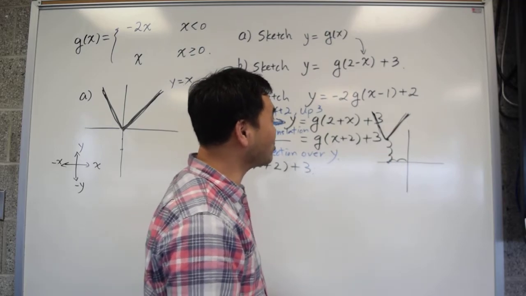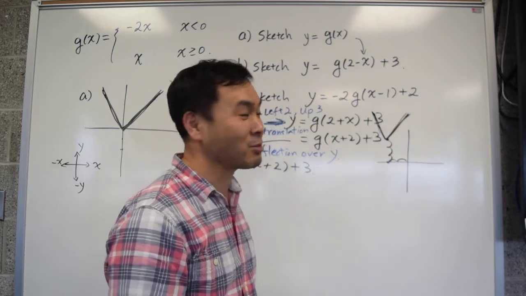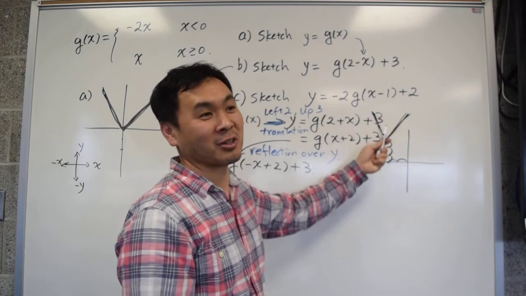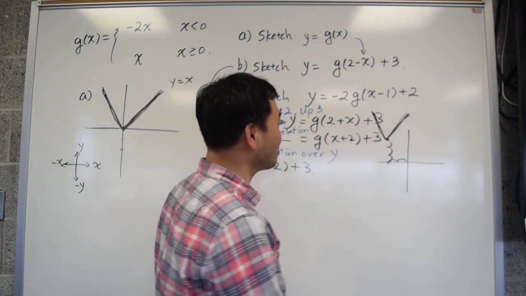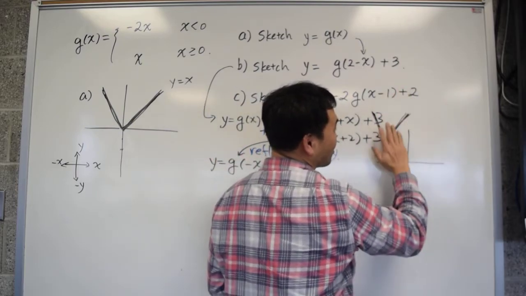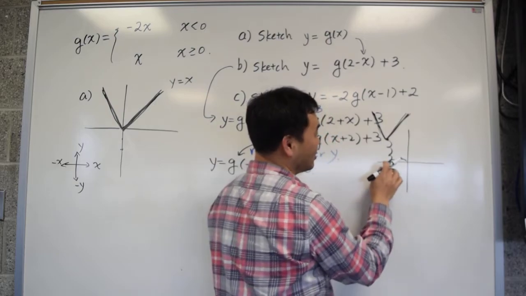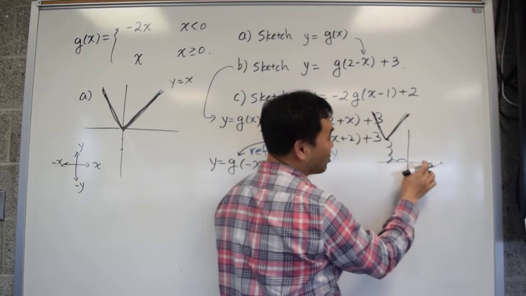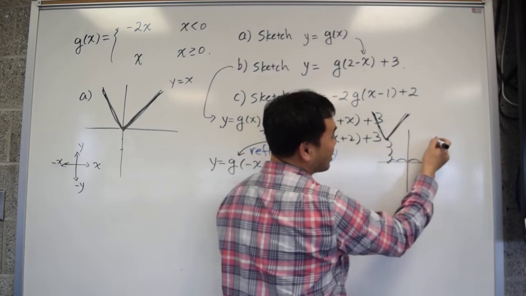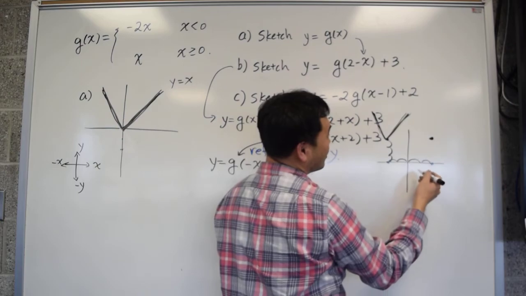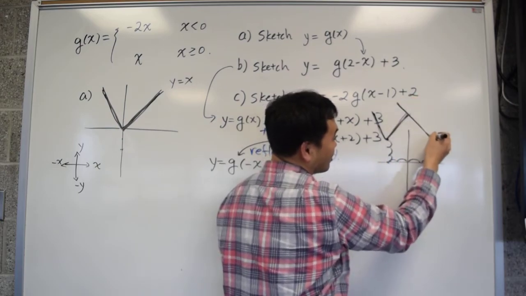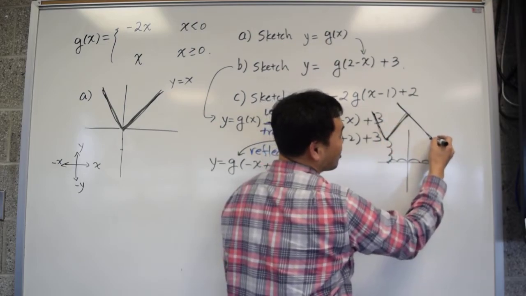Sometimes it helps if you think that it's not a nasty math problem, it's just a drawing problem for elementary school kids, and it's easy. So you have this graph, and you want to make a mirror image over this side. How do you do that? Instead of going left by 2, you would go right by 2, and this would now be copied over here. You have this steeper one, which will give you that.